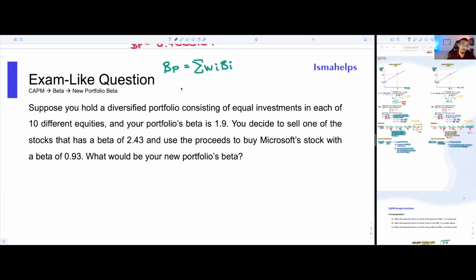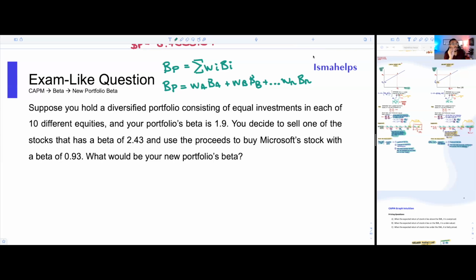Technically, you could write the beta of a portfolio as the weight of A times the beta of A, plus the weight of B times the beta of B, plus dot dot dot, times the weight of the nth asset times the beta of the nth asset or portfolio.